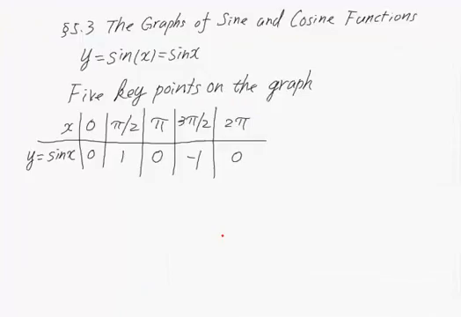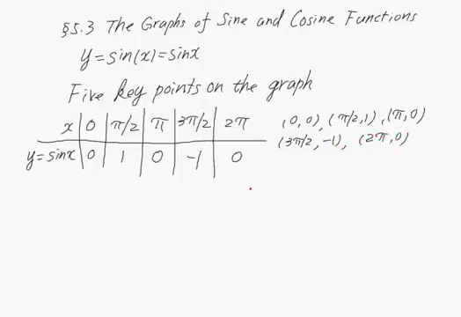Now we can draw these 5 key points. Let's get the ordered pairs for them: (0, 0), (half pi, 1), (pi, 0), (3 pi over 2, negative 1) and (2 pi, 0).